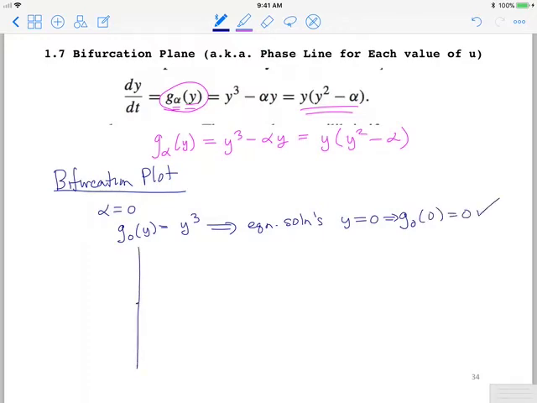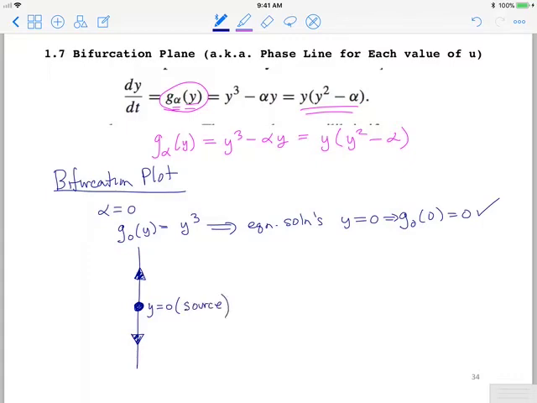Drawing the phase line then means that you have one equilibrium at 0. When y is bigger than 0, you get a positive number, and when y is less than 0, you get a negative number.